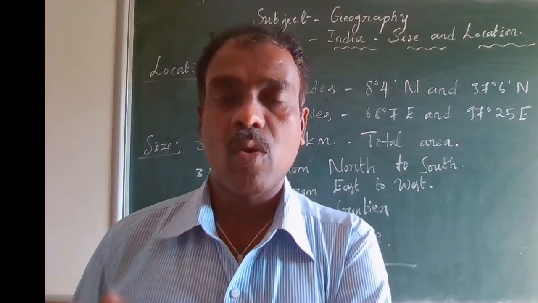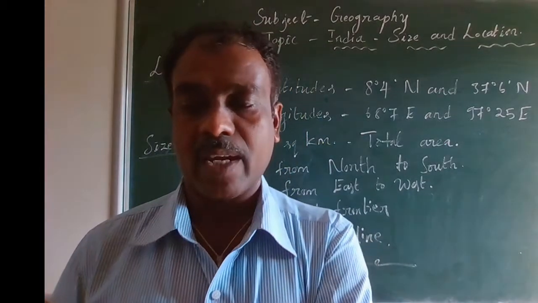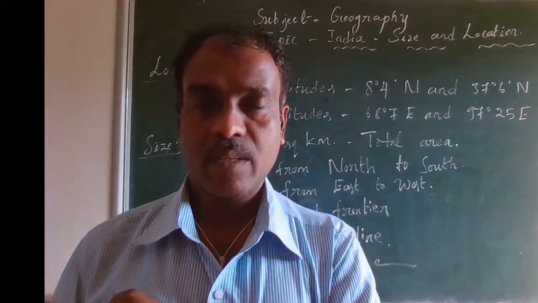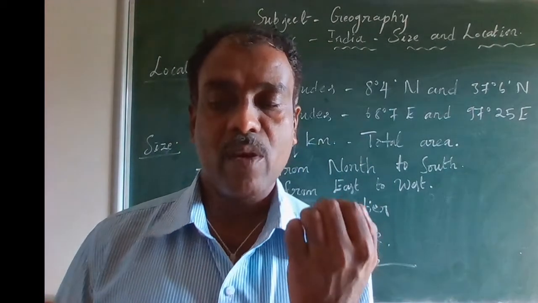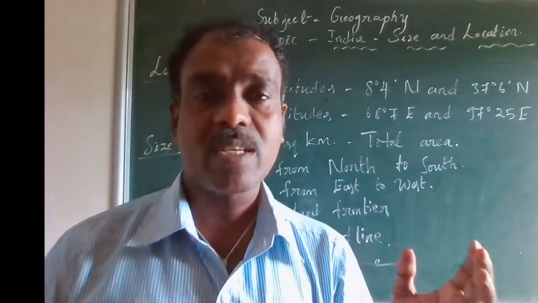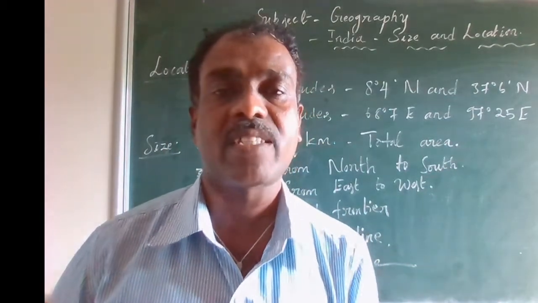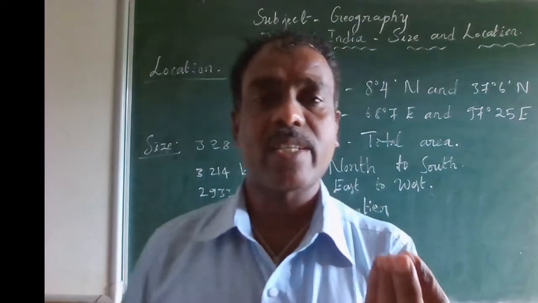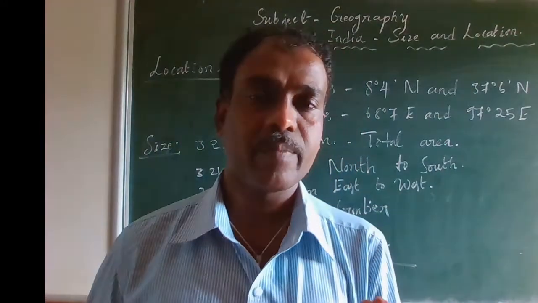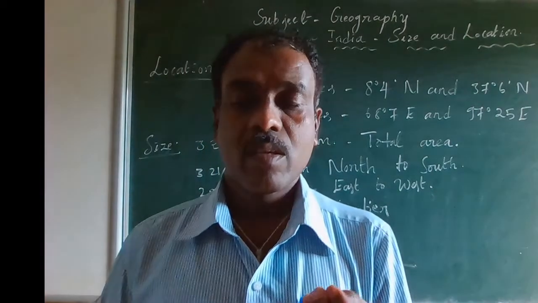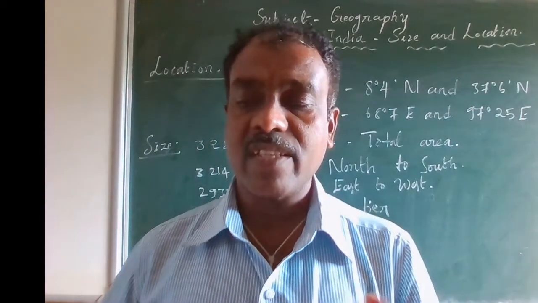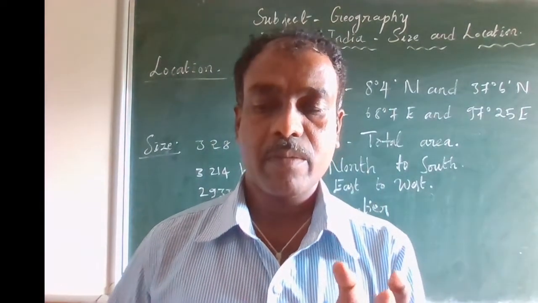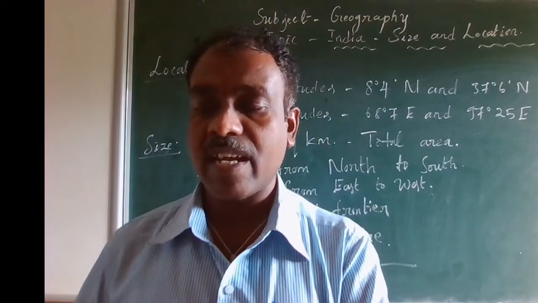Look at the globe and please observe that the landmass of our country has a central location between the East and the West Asia. So it's the center. India is located in the Asian continent. Where is it located? It's the central location between the East and the West Asia.